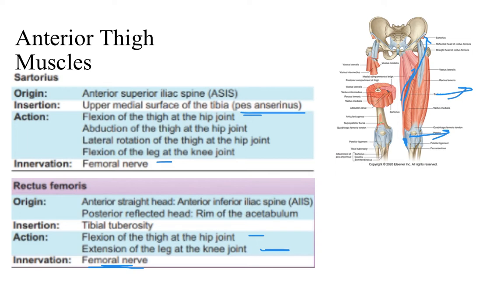So we can practice this in a lab or practice at home. If you find your anterior superior iliac spine and then go just inferior to that and then start lifting your thigh up, you will actually feel that muscle tighten up. And so that is showing you the action of flexion of your thigh at the hip joint.